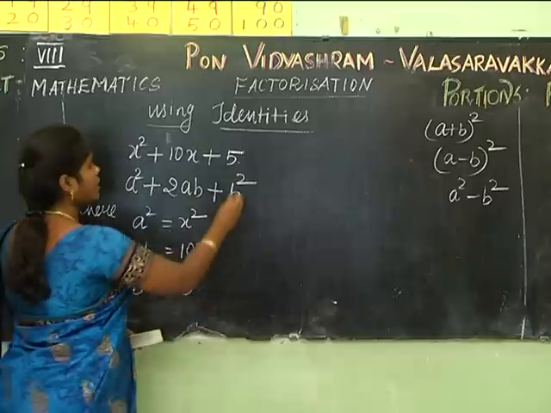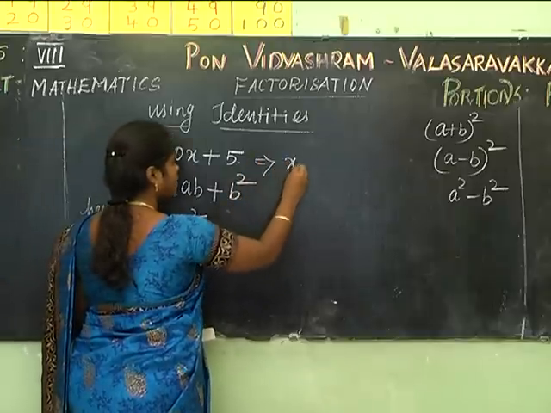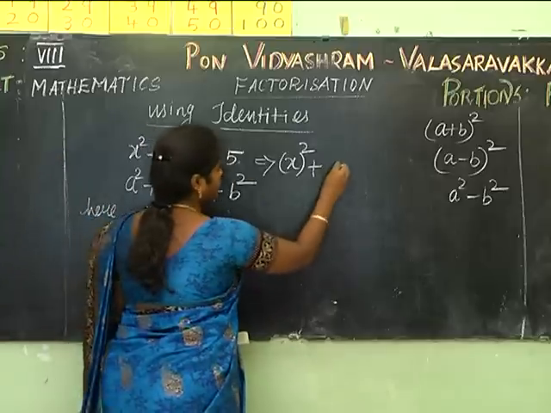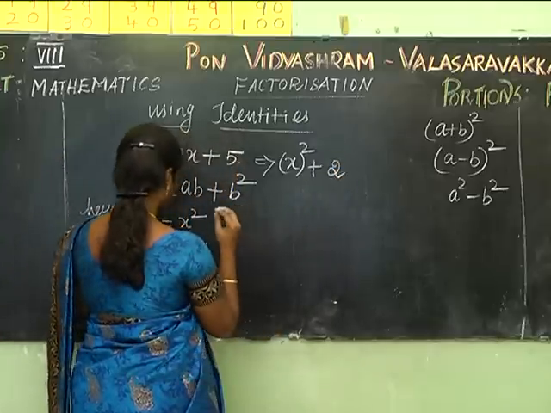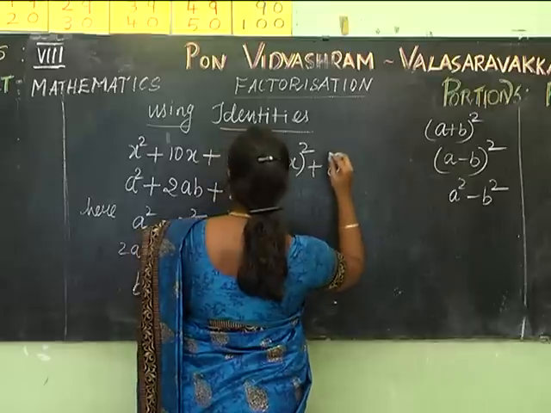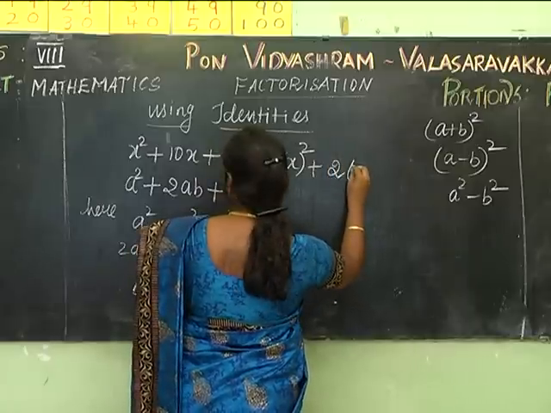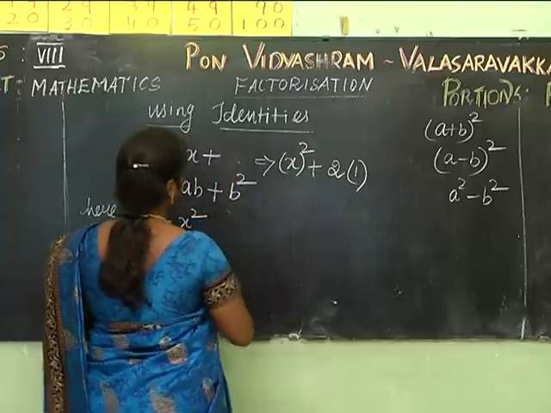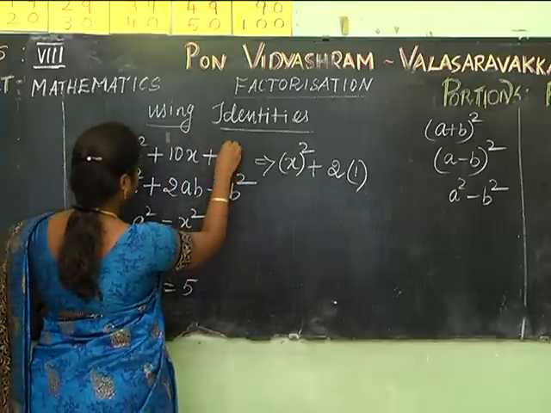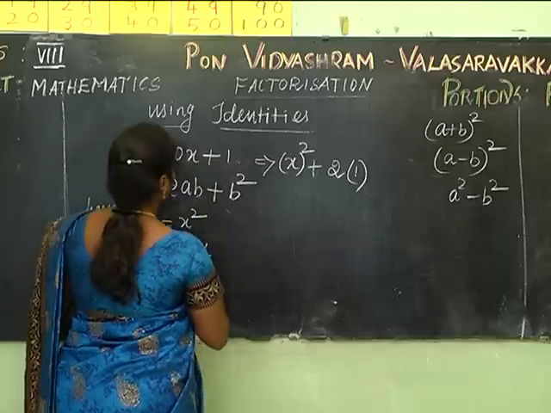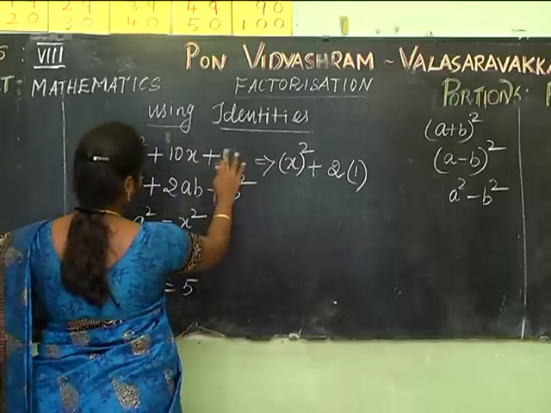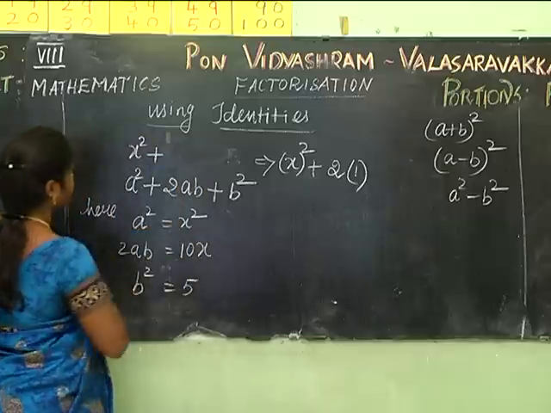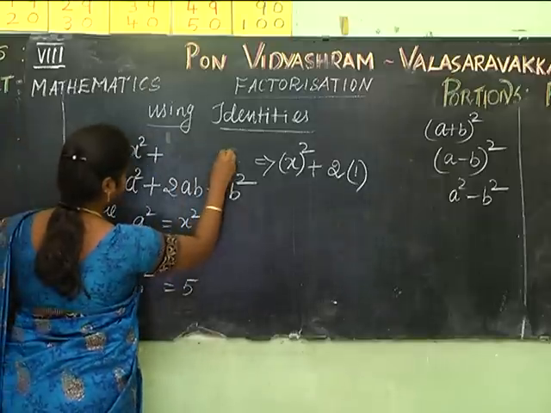So we are going to rewrite this as x the whole square, then 2ab, 2 into a, a is 1. We'll change b later because it should be a perfect square number. We need to change the entire problem because both terms should be perfect square numbers.